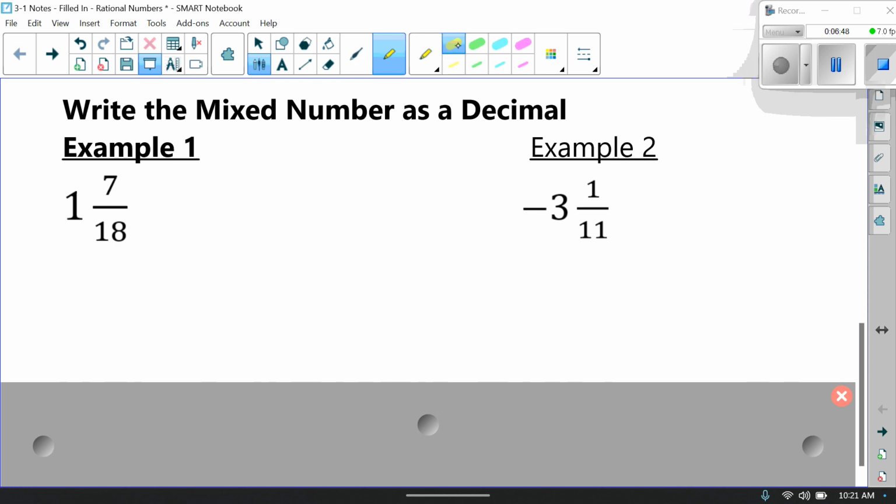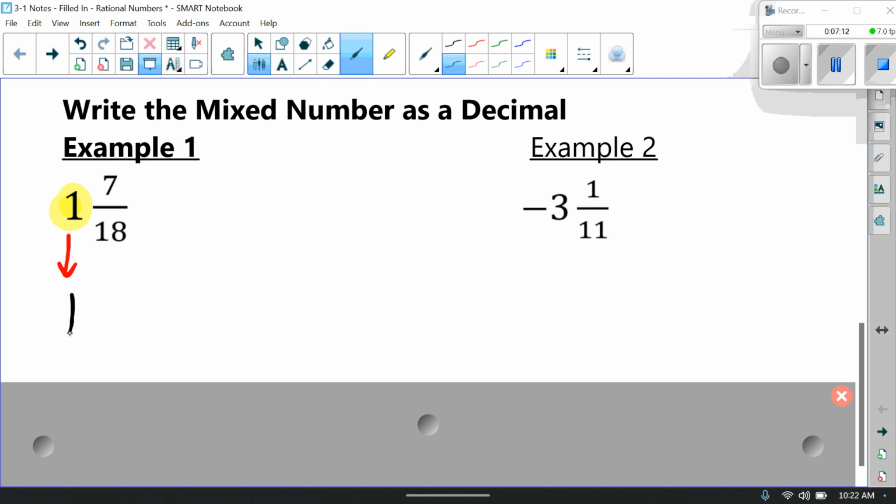This is the whole number part, right? Can't I just bring that down to the decimal and put it in the whole number part of the decimal? So we're just going to bring that whole number down. Or you can put it on the side if you want to. And then, that's the decimal part.